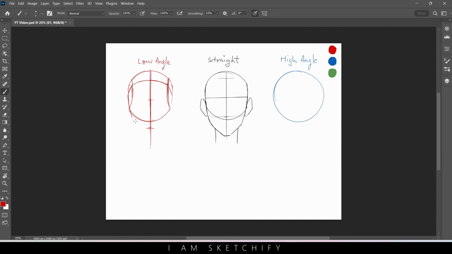Now we'll draw the jaw. Since we're looking at the head from a lower angle, the jaw will appear a little higher than the usual. Also, the jawline starts to appear a little less sharp as we go lower. Depending on how lower you view the head from, you can even see below the jaw, where it's connected to the neck.